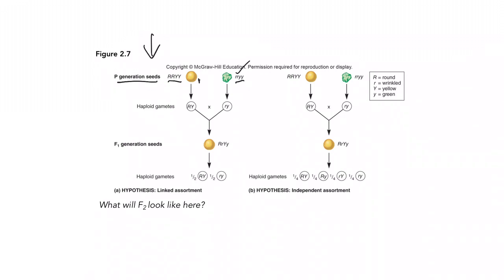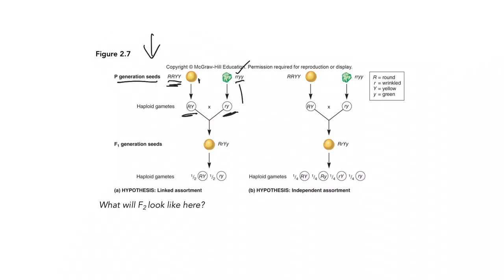So what you would expect to see produced from these individuals, the haploid gametes, from an individual that only has the big R allele for the round seed texture, or the big Y allele for the yellow seed color, they can only produce big R, big Y. And that same kind of reasoning goes here, in that the only type of haploid gametes this individual could produce would be little r, little y.